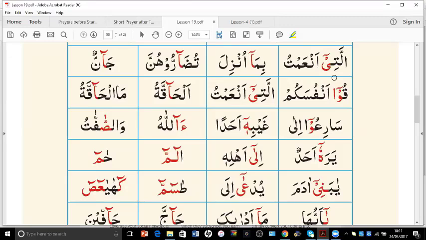Allati. Well done. Here is a noon sakin. The sakin letter joins with the previous letter, and a noon sakin for now, every time you see it, you do a ghunna sound. Here we have a meme sakin. Meme sakin is going to join with the previous letter.